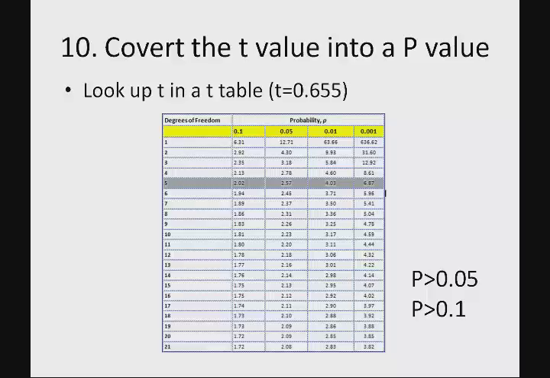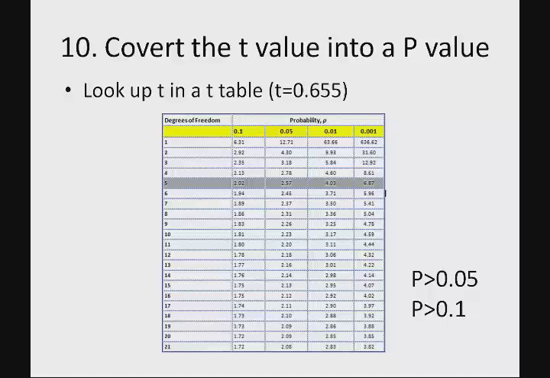So our p-value is greater than 0.1. So we've now got a range of significance values that we've read off this table. So you go along the degrees of freedom, find where your number is, and then look up, and that tells you what the probability, what the significance value of your test is.